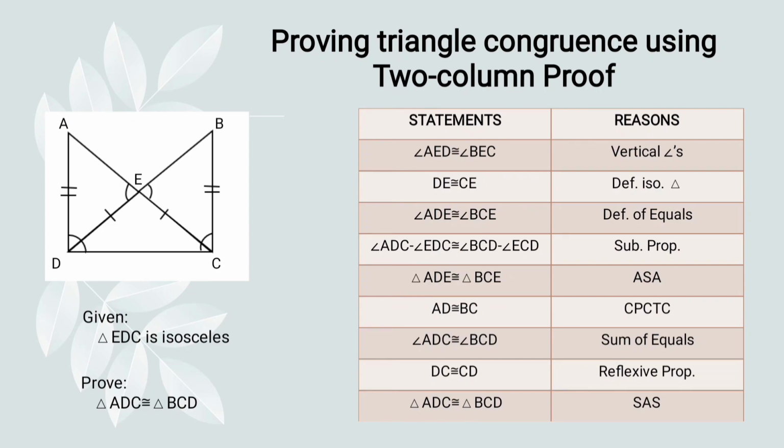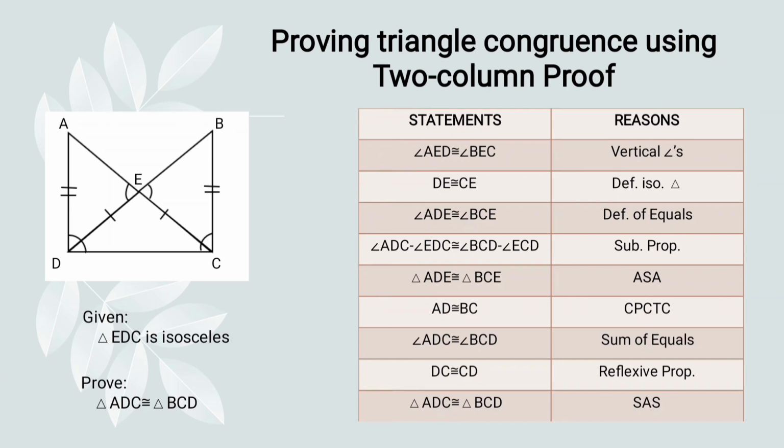Since we said that this angle is equal, we can say this is by corresponding parts of congruent triangles are congruent. This theorem states that if two or more triangles are congruent, then their corresponding angles and sides are congruent as well. So this is congruent.